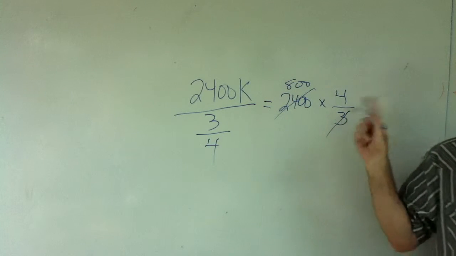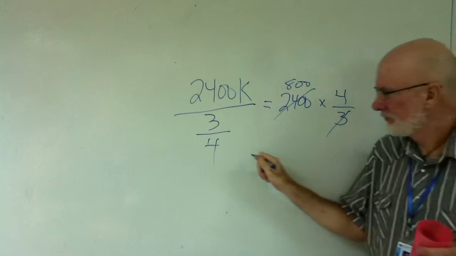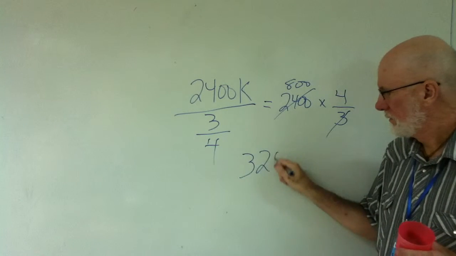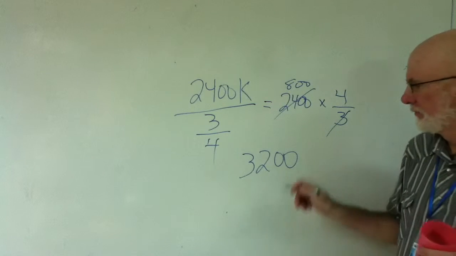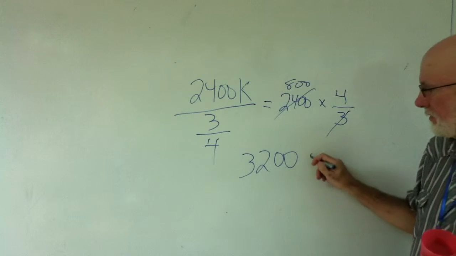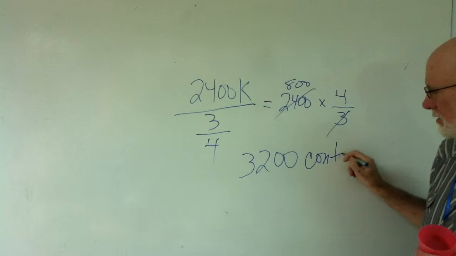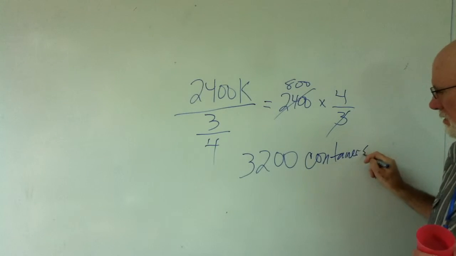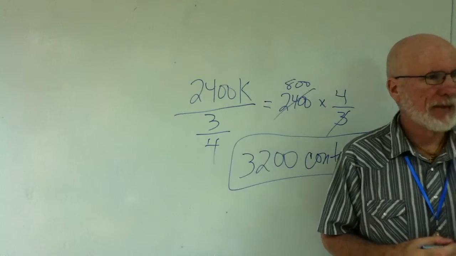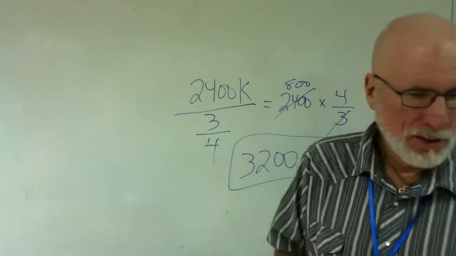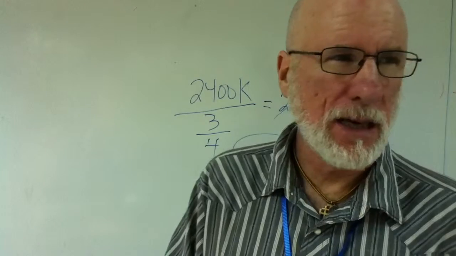And what is 4 times 800? 3,200. Plastic containers. I have to label it, yes. Okay? All right, so we did a lot of problems on that.